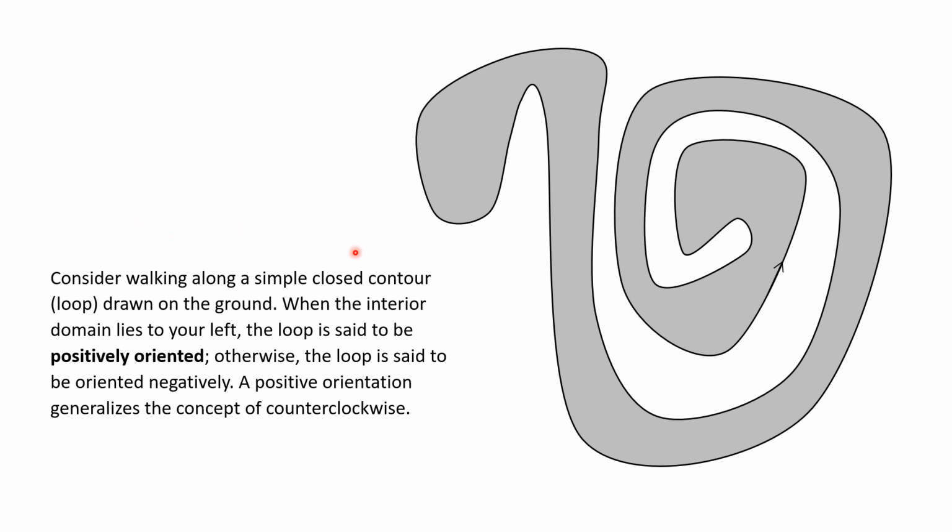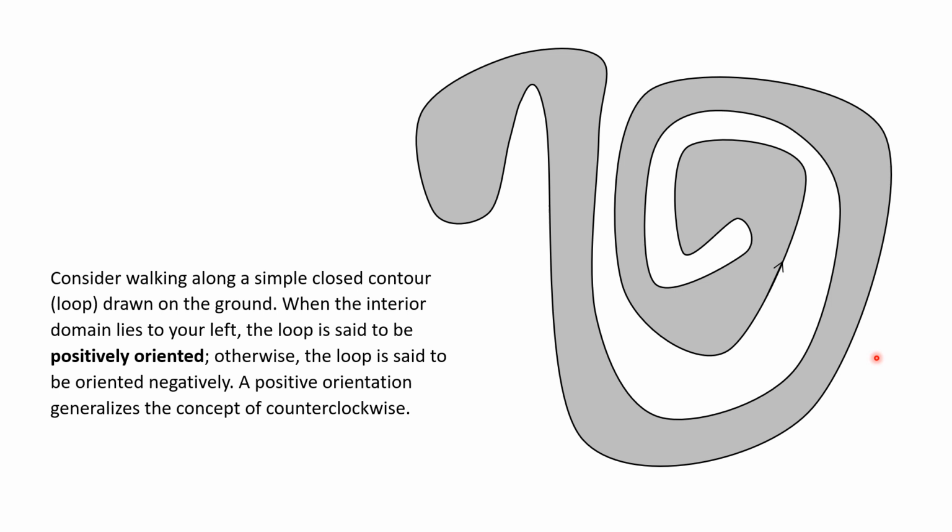The Jordan curve theorem gives us a way of generalizing clockwise and counterclockwise. What I've drawn here is a rather complicated curve, and the interior I'm showing here in gray, and the exterior is white.